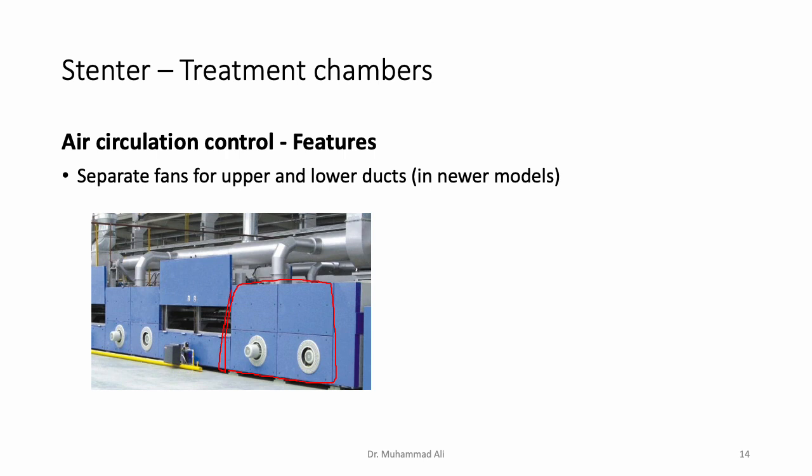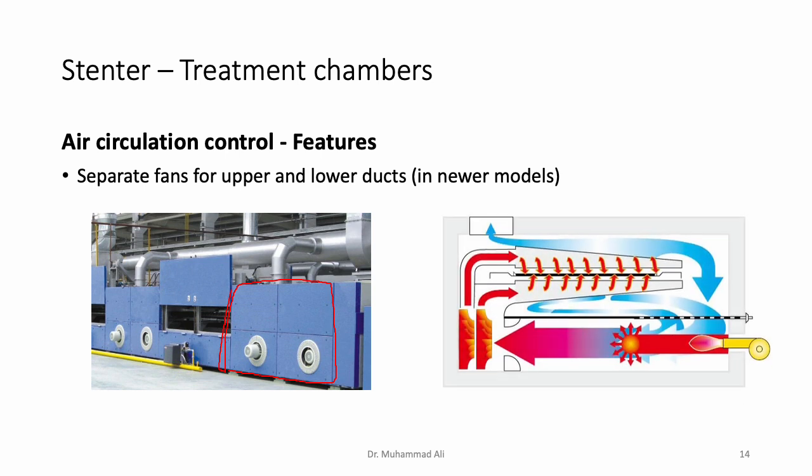So you can see two fan motors over here. And from the inside, it of course looks like this. So we have one fan for the upper duct and another dedicated fan for the lower duct. And that's how we maintain very uniform pressure in both circulation ducts.